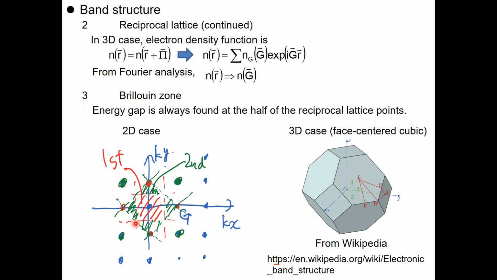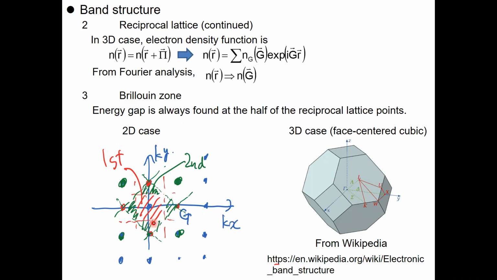And you just need to find the energy gap at half of this. So for this point here, this point here, this point here, and this point here. So you can find this red region is the first Brillouin zone.